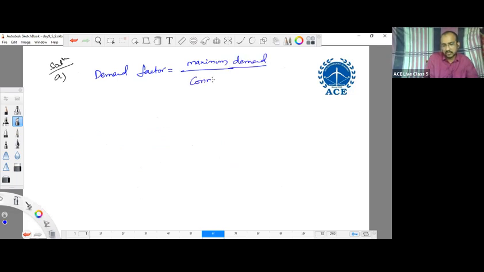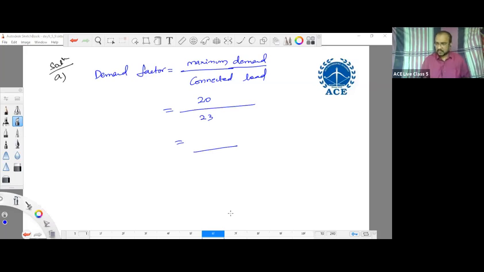Maximum demand given here is 20. Connected load is 23. So what is the demand factor? Calculate and post the answer. 0.869. Okay. Now let us go for the next question.